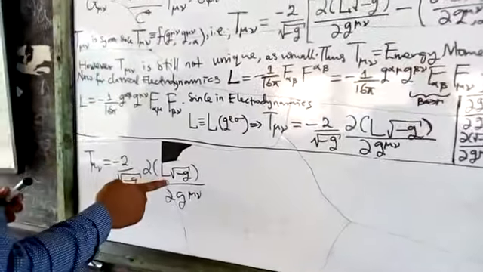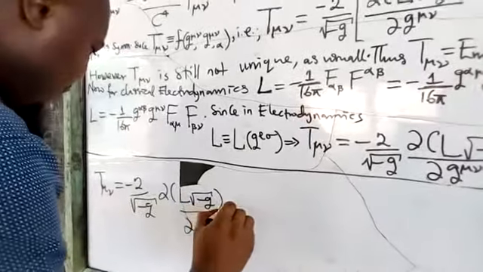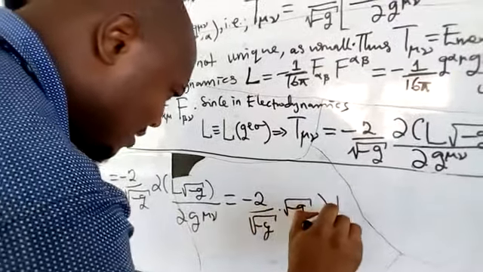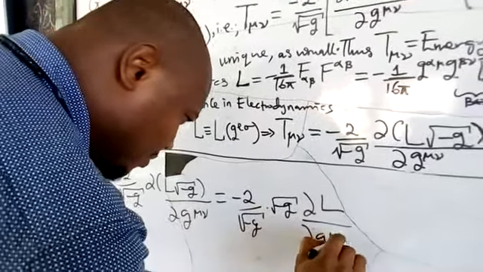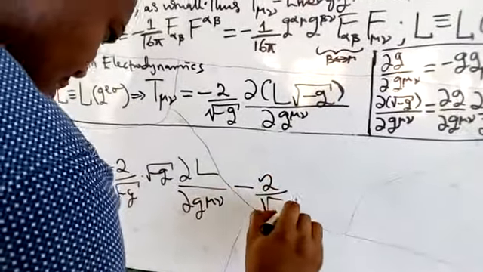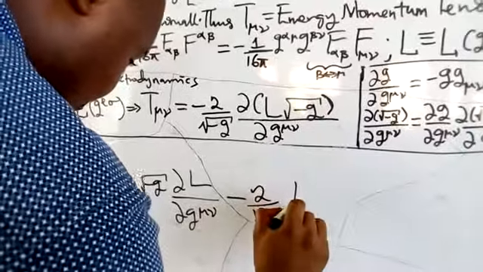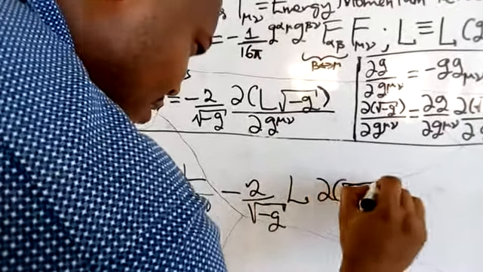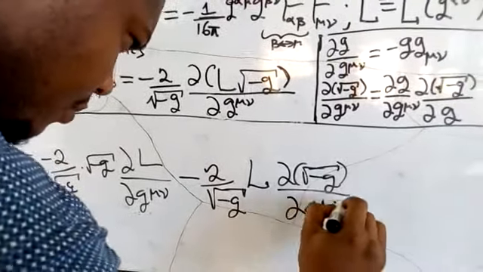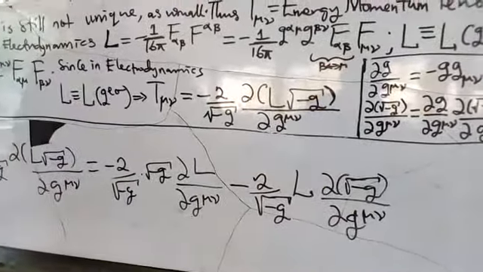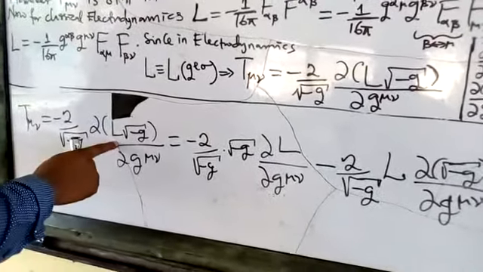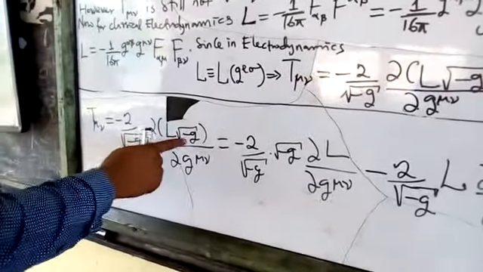I can decide to keep this a constant and differentiate that, in which case I'll have some minus g times dL over dg mu nu, and then I have here some minus 2 all over square root of minus g, with L kept a constant this time, times square root of minus g, and this is going to be d of g mu nu. So the typical Leibniz rule is all we've done. We keep this a constant, differentiate that, and next we differentiate this. We keep this a constant and differentiate that.